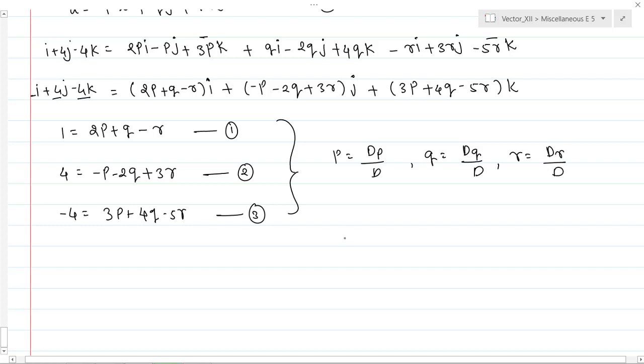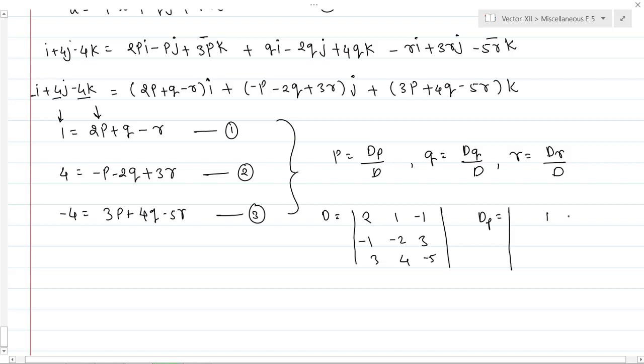And d is the determinant of all these coefficients of p, q, r on the LHS side. I will give you the hint for this Cramer's rule. d is nothing but the determinant with rows 2, 1, minus 1; minus 1, minus 2, 3; and 3, 4, minus 5. So dp will be, just replace the p coefficients with the answer column.